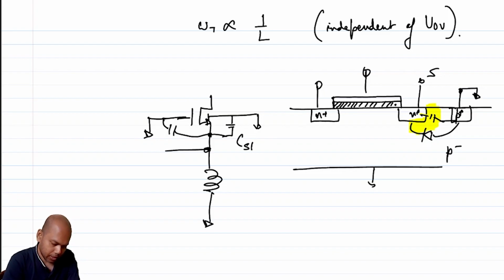I call this CSB. Similarly, you are going to have a drain side capacitance, but since we are only looking at what is happening at the source side, this is of interest.